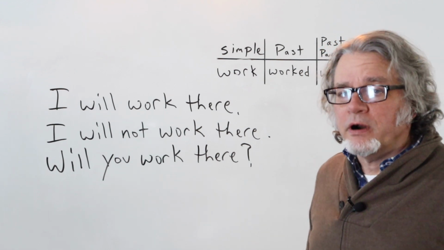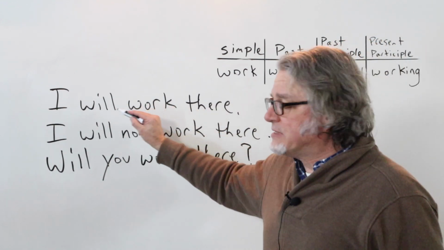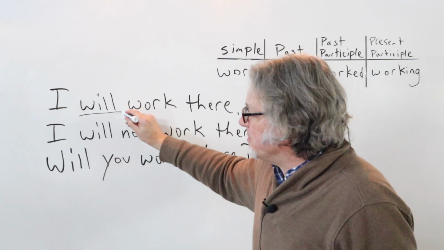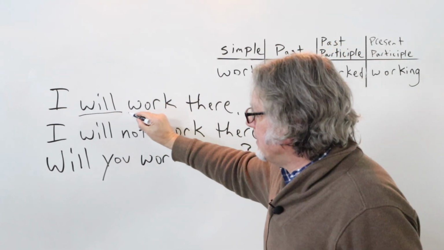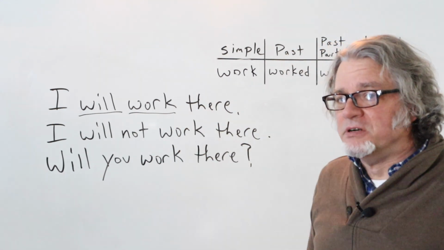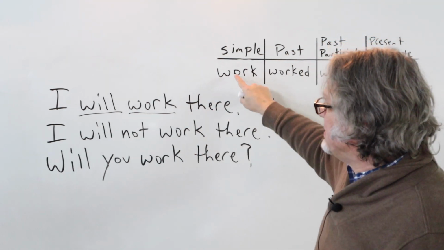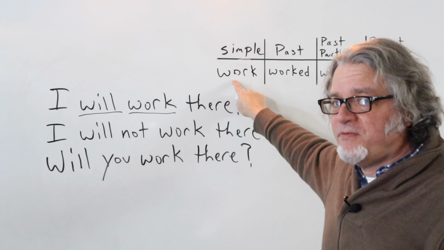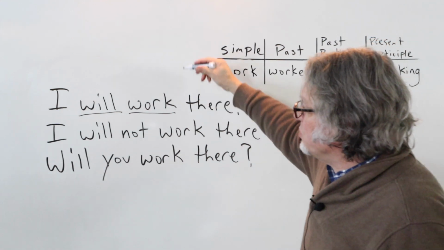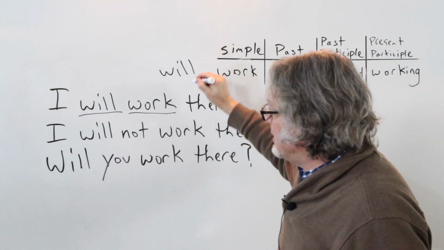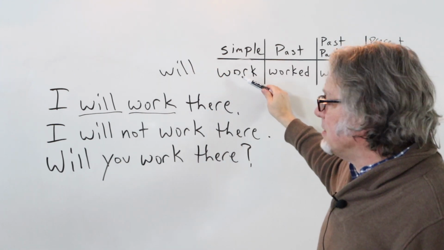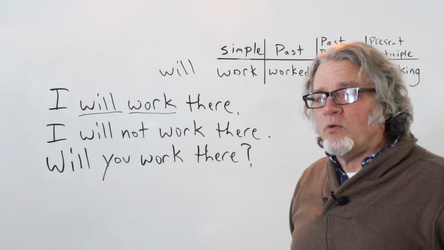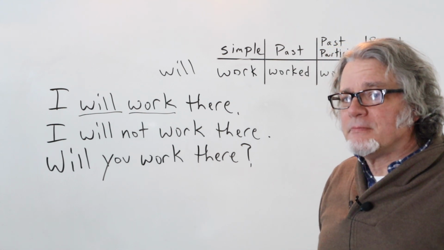I will work there. In this sentence, here's the helping verb, or you can call it the modal verb, and this is the main verb. The main verb is in the simple form. Use modal verbs and helping verbs with the simple form for the future tense.